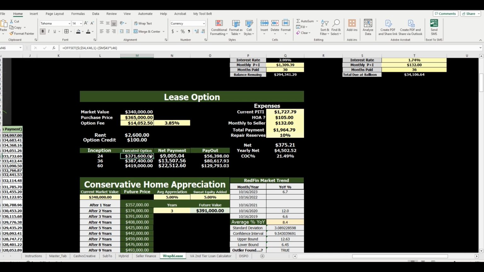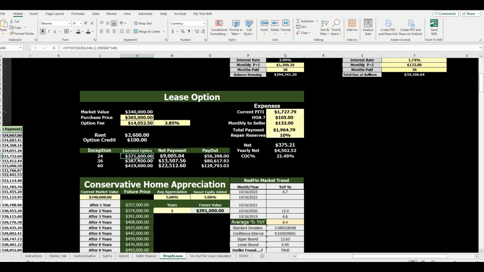So one of two things is going to happen. Either the seller pays more to you on the executed option price than what the current market value is in 2 years. So let's say the market value is less than $374. Let's say the market value in 2 years is $365, but you have an executed option price of $371. You would receive more money at the time of inception that they choose to execute the option than this future market value.